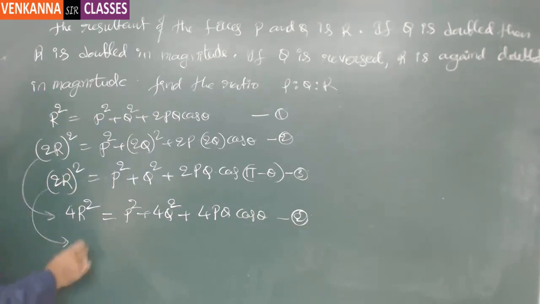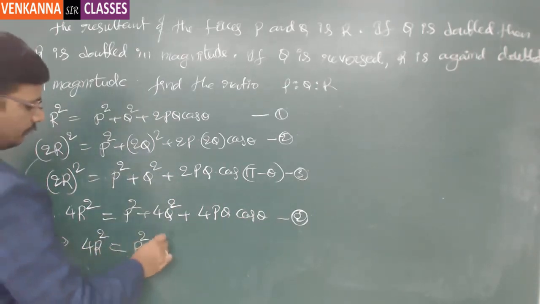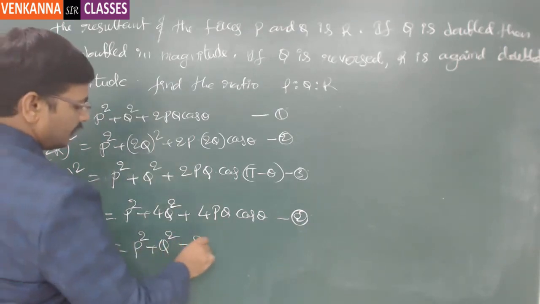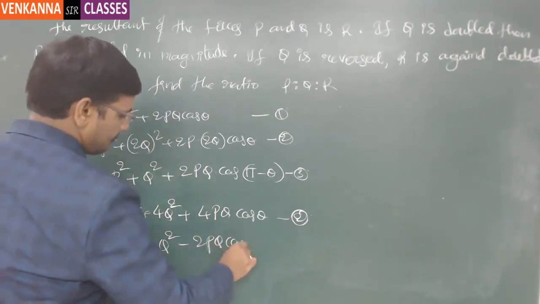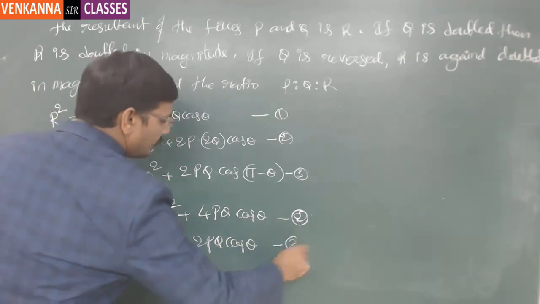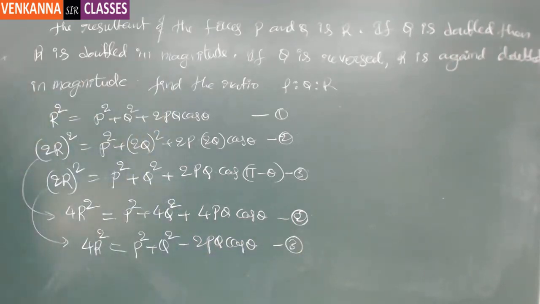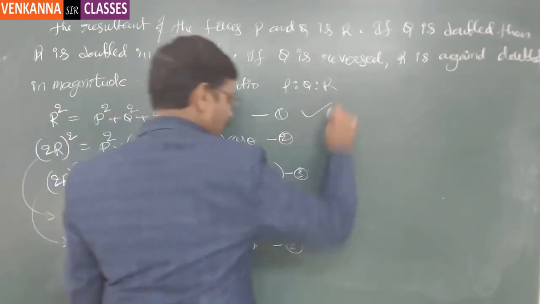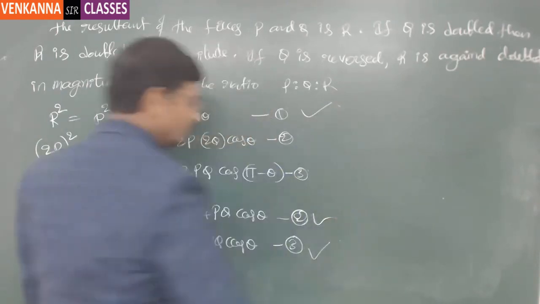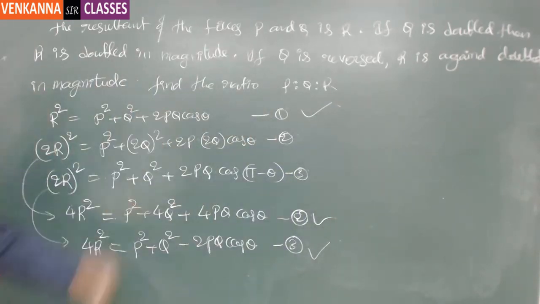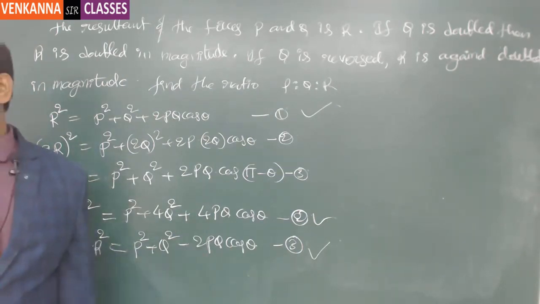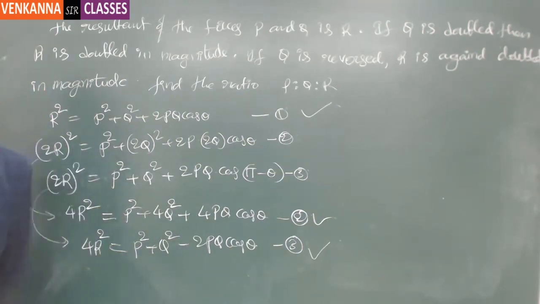And this equation is 4R square is equal to P square plus Q square minus 2PQ cos theta. Now you need to solve all the three equations, so equation number 1, equation number 2 and equation number 3, and then try to arrive at P is to Q is to R ratio. Try to solve this. Anybody got it?